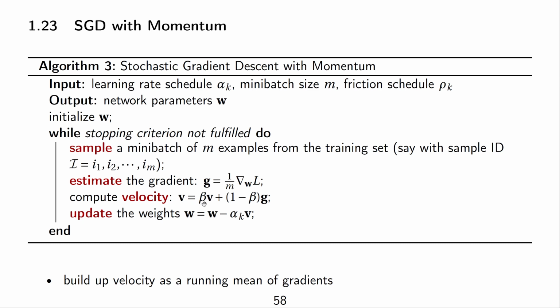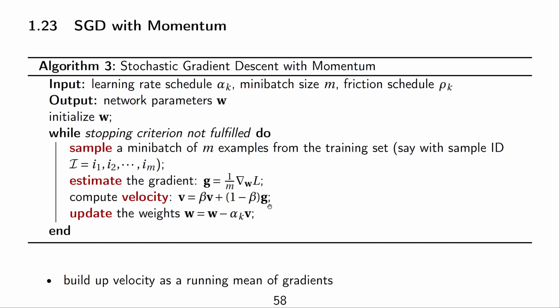So when we start out, the velocity is initialized with 0, and then again, we know this from before, the first time this velocity will be set, it will be basically 0, so we'll get 1 minus beta of the gradient.